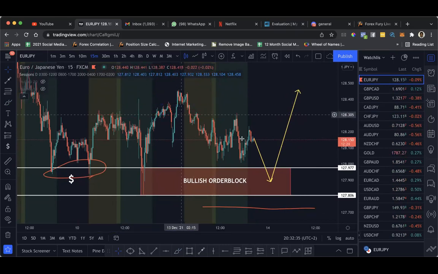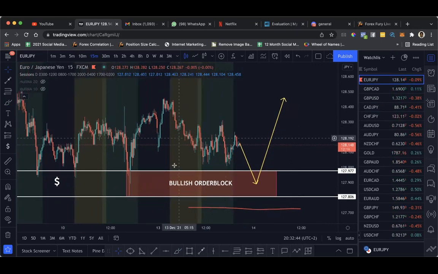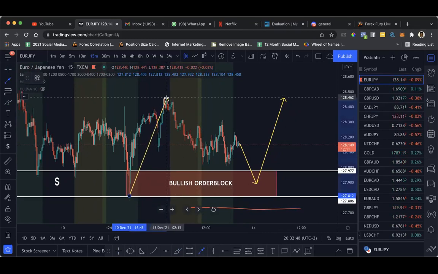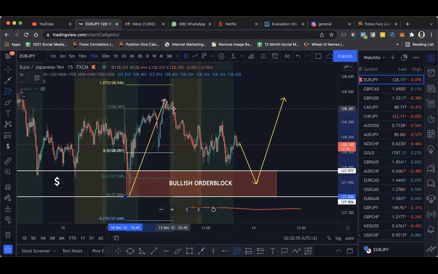You can choose to use either your Fibonacci or your knowledge of structure. If you're using Fibs, you want to measure from here to here. You take your Fibonacci and measure the impulse from here to this place.